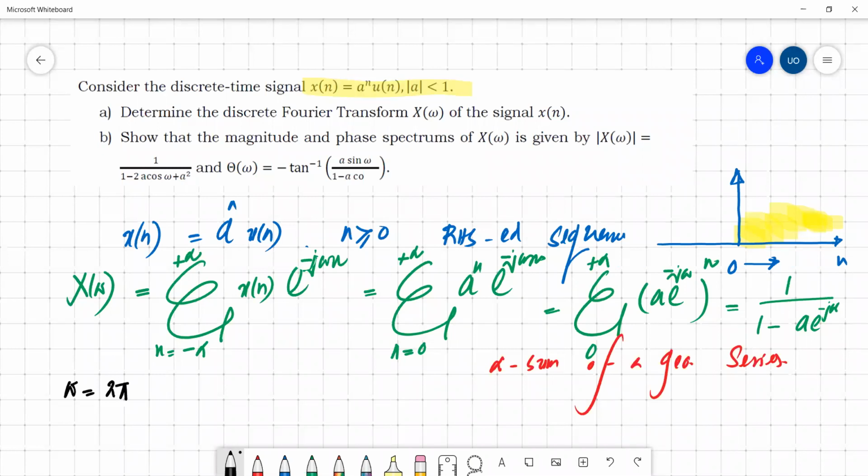So then it's 2 pi k over N. If you want to make it completely discrete, you can just substitute omega equals 2 pi k over capital N, or else you can keep it as it is. So this is the Fourier transform of this x n. Okay.